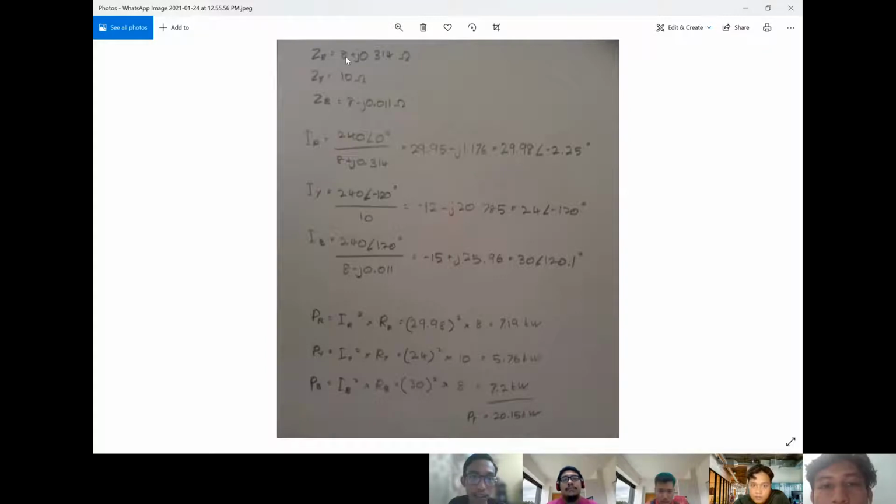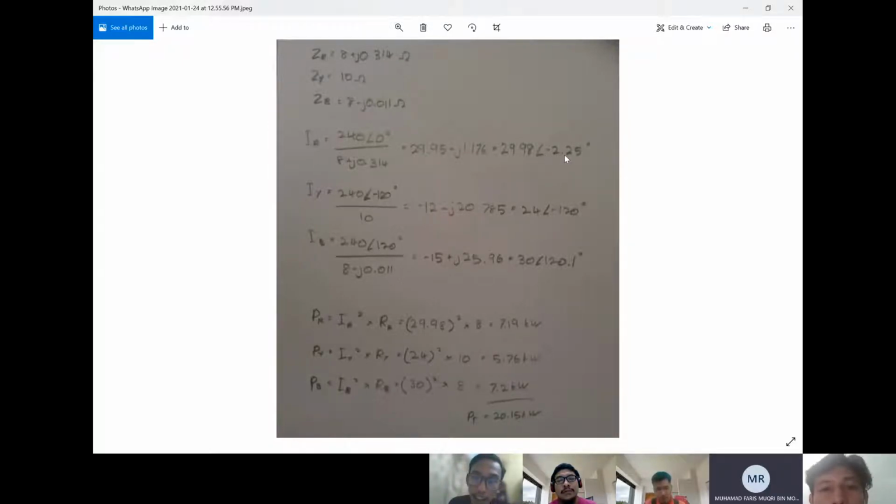ZR is 8 plus j0.314 ohm, ZY is 10 ohm, ZB is 8 minus j0.01 ohm. Alright, to calculate IR, the formula is 240 phase angle 0 degree over 8 plus j0.314. So we get 29.95 minus j1.176, and we get 29.98.